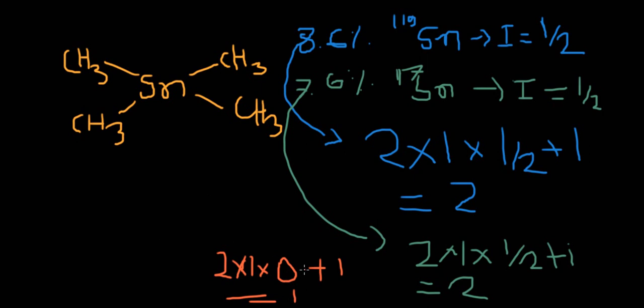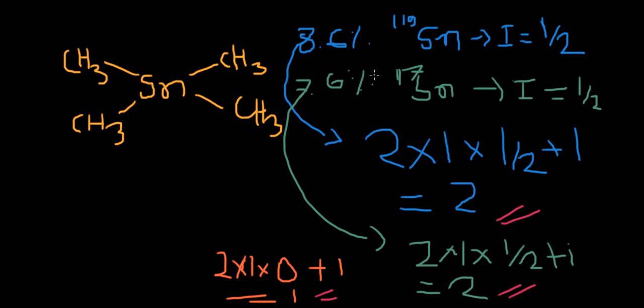So the combination of all those peaks will be 1, 2, and 2. So there are 5 peaks. However, the relative intensity will be the abundance divided by the number of peaks you got.